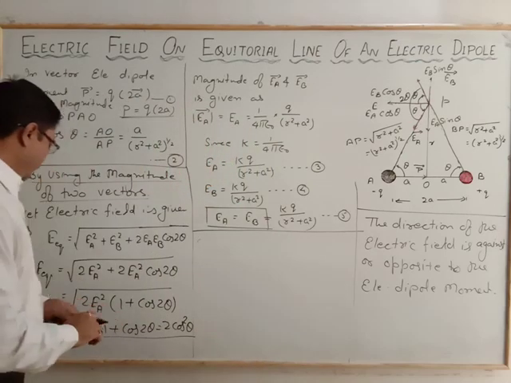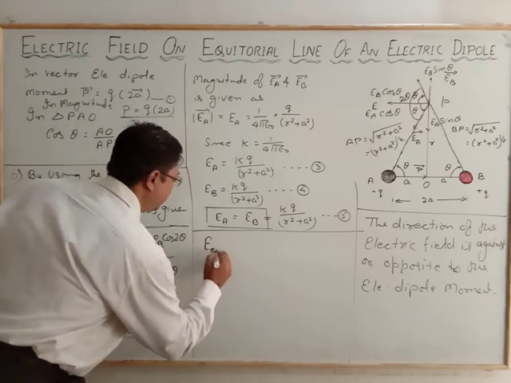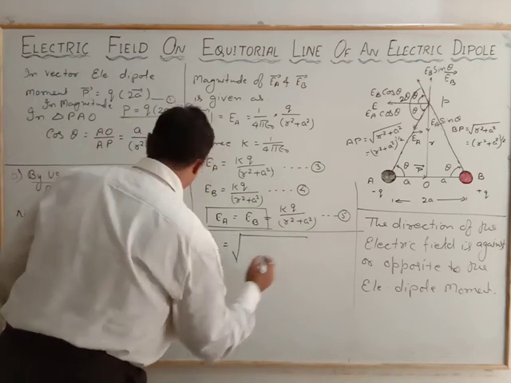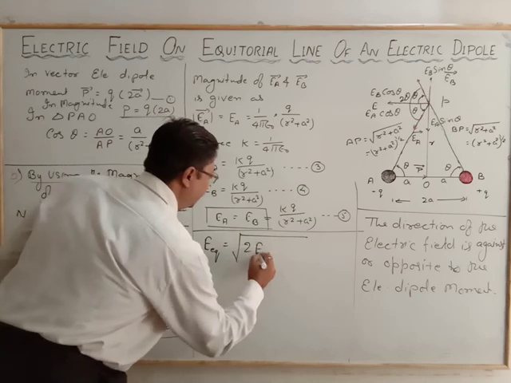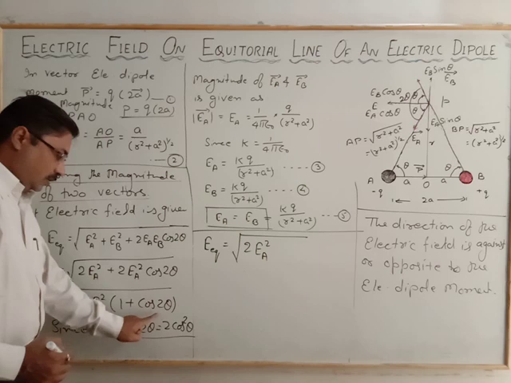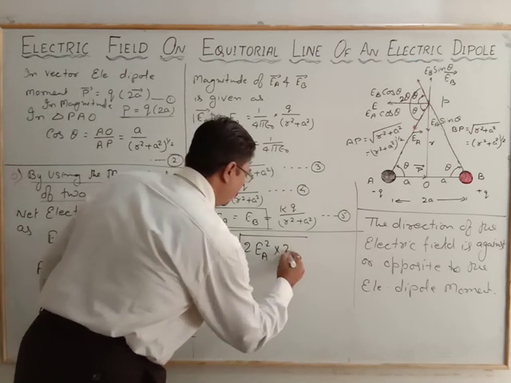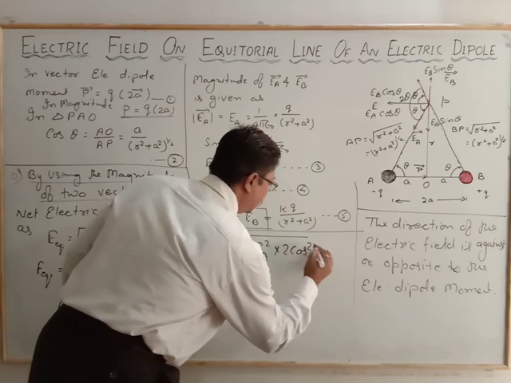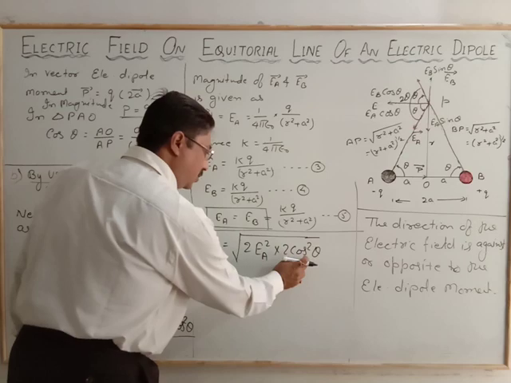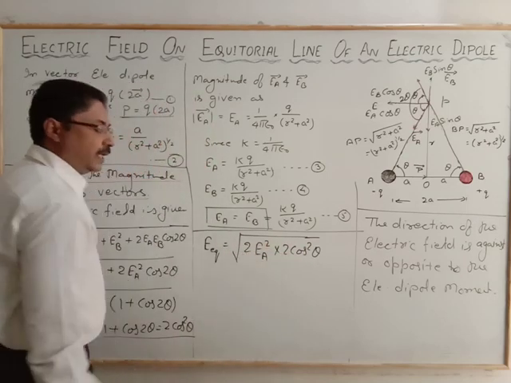So the electric field at the equatorial is equal to root under 2EA square, and in place of 1 plus cos 2 theta we write 2 cos square theta. Now this is the relation, and here cos is twice, the electric field is also twice, and 2 here is also twice.